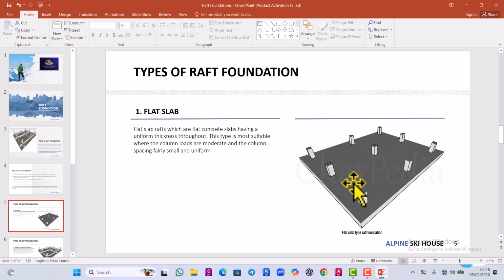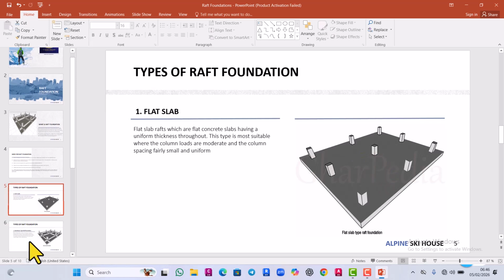Because of the punching shear, this will warrant an increase in the thickness of the slab. So if your column loads are very high or big, you might require more thickness of slab, making it more costly.